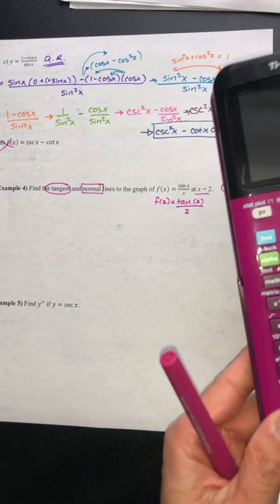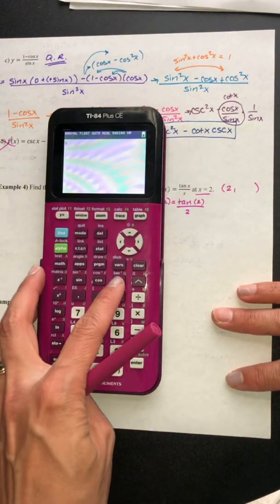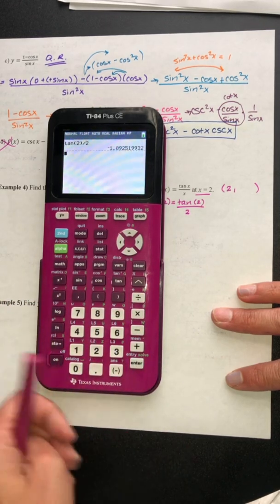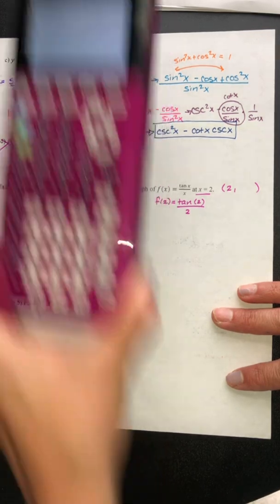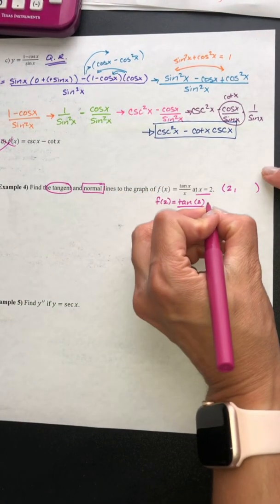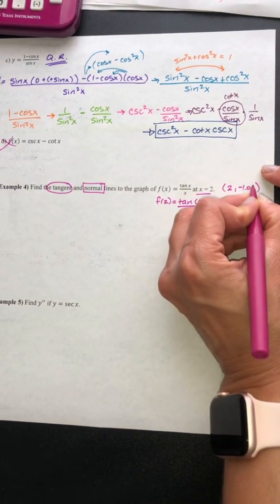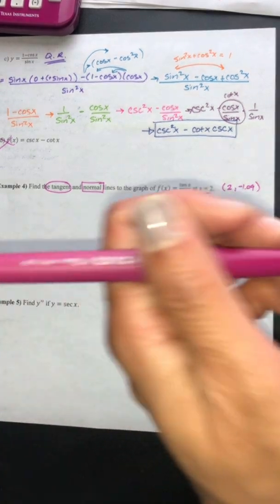Well, you see there's this thing called a calculator we get to use for this problem. So tangent of 2 divided by 2 is negative 1.09, approximately. Okay, so now we have that out of the way.